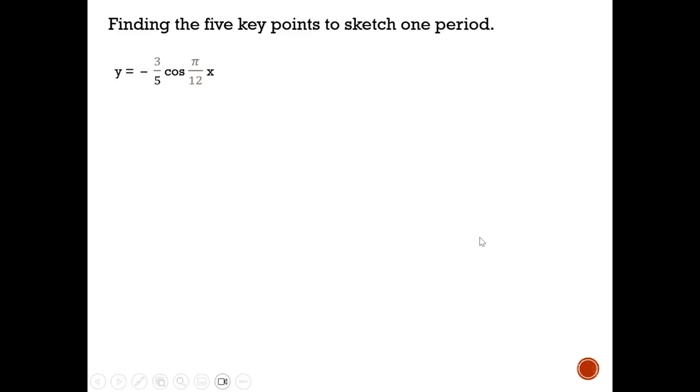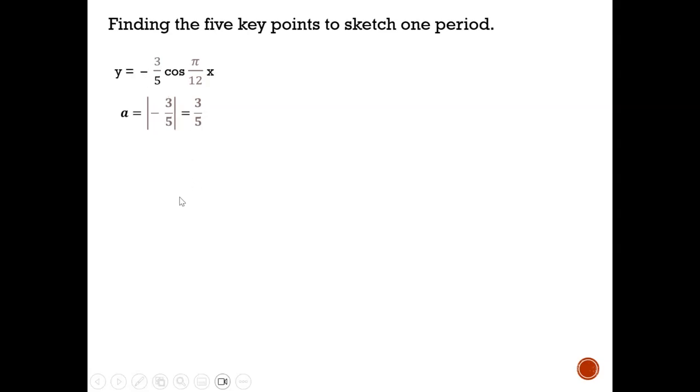Now we have, because here, they don't want us to graph it, just find the 5 key points to sketch one period. They give us y equals negative 3/5 cosine of pi over 12 x. Right, so my amplitude will be 3/5. Because remember, since this is negative, instead of starting at the top, it's going to start at the negative amplitude.